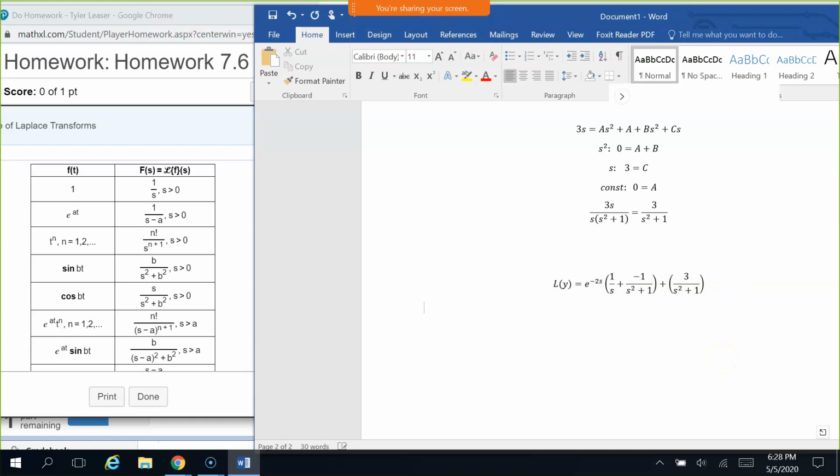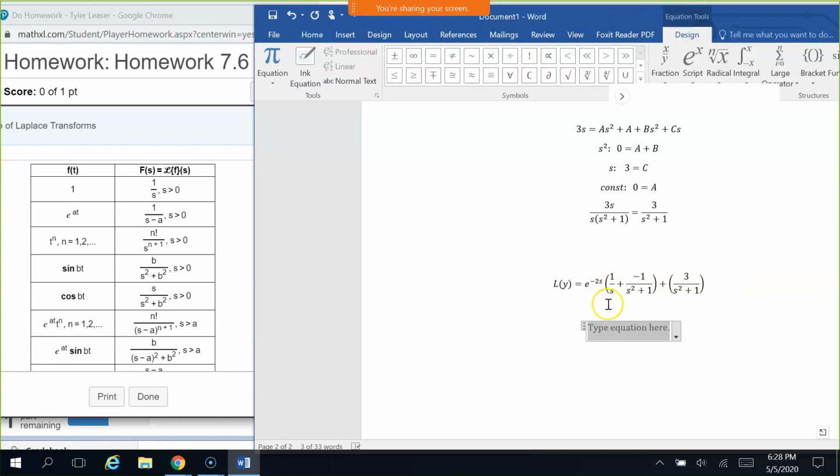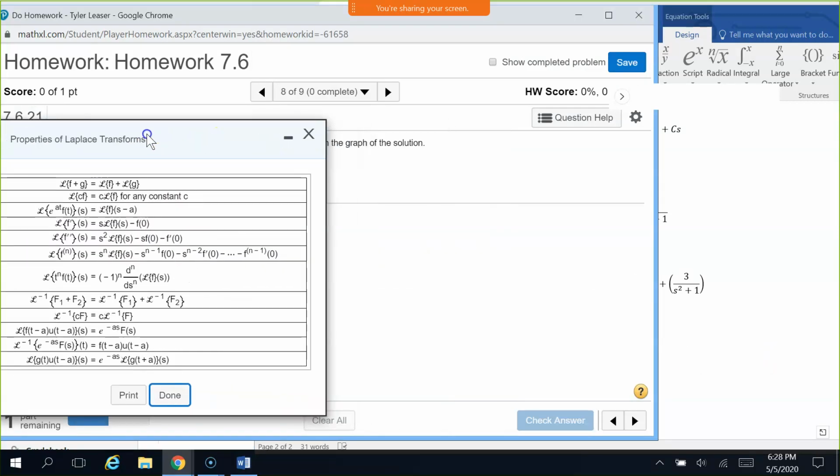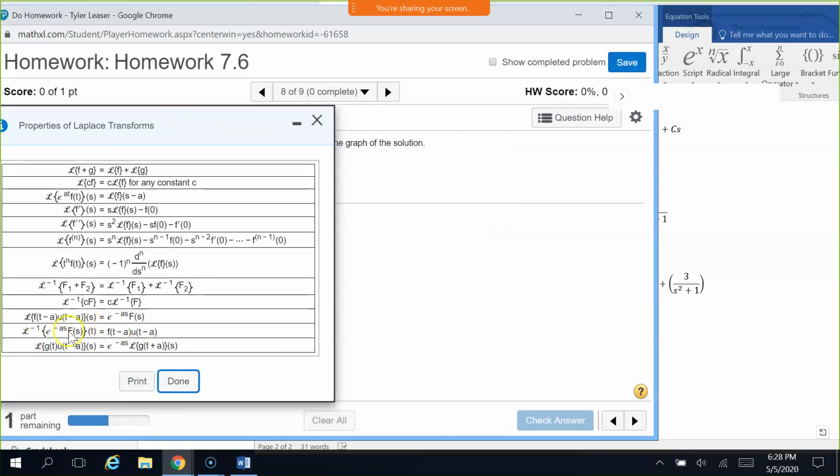Okay, so let's do that, right? Let's leave that alone, because we don't really know what this is going to be yet perfectly. But what I do know is that this e to the negative 2s is going to be a u of t minus 2. So that's coming from this other thing over here.